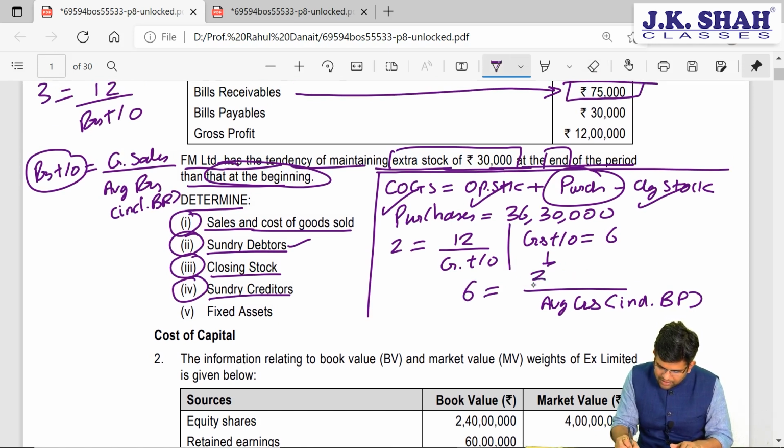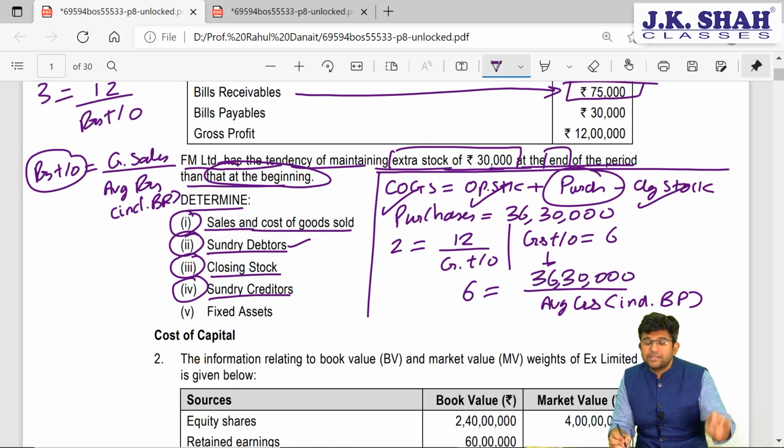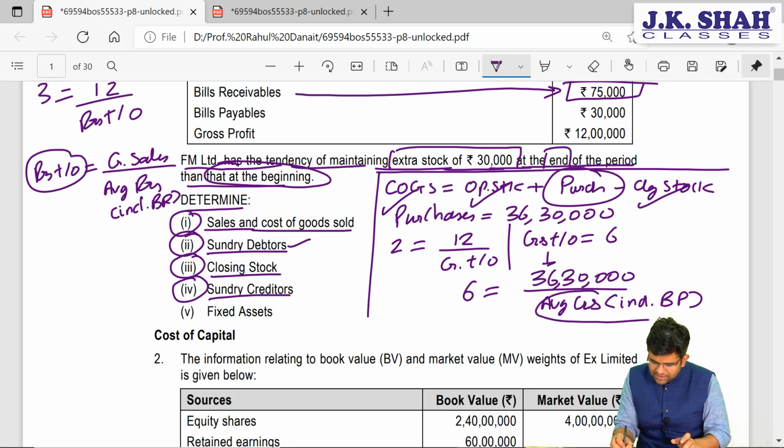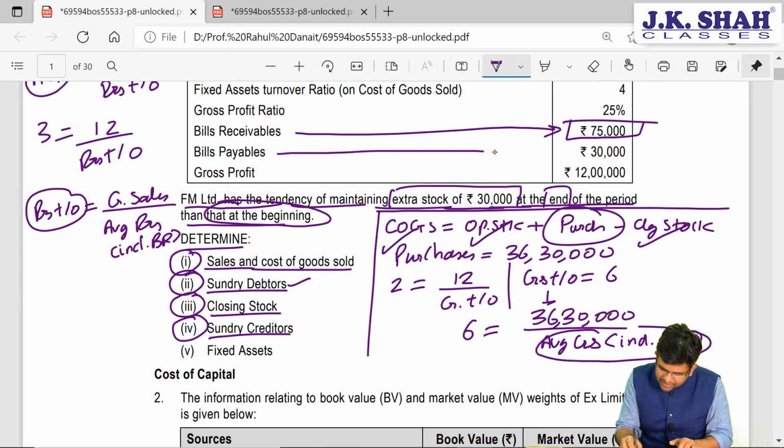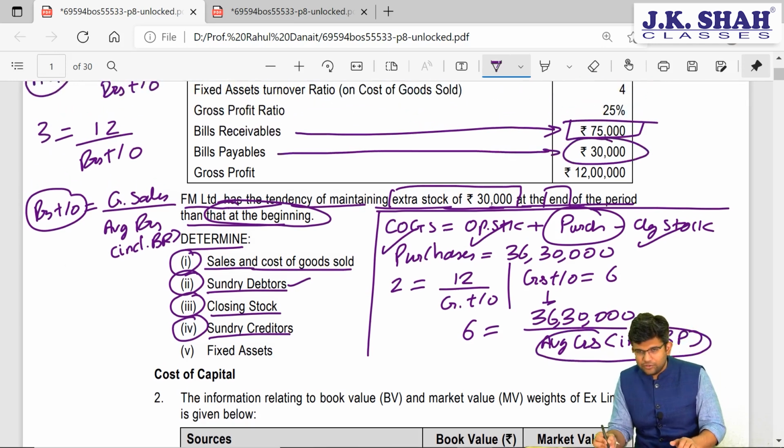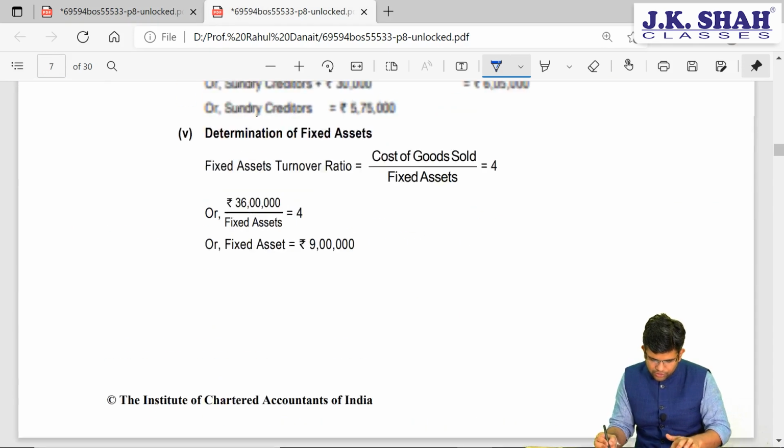We can solve this and get the average creditors, but that will include the bills payable. From that total answer, if we subtract the bills payable of 30,000, we will be able to get the sundry creditors. I'll show the solution to you.